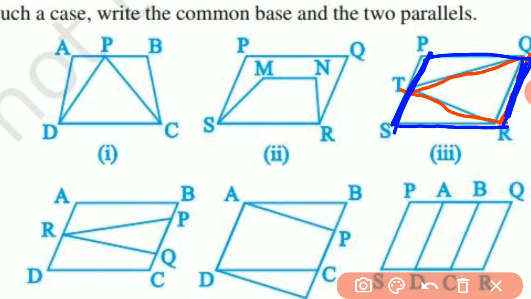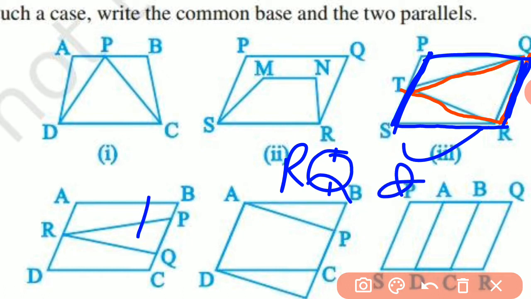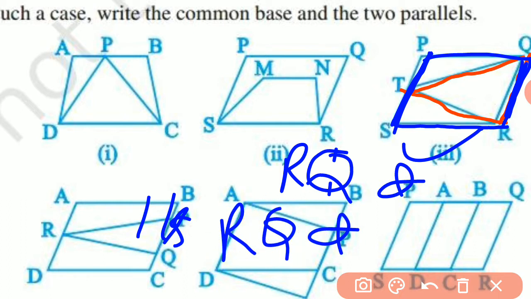So we can say that in this diagram the triangle TRQ and quadrilateral SRQP lie on the same base RQ and between the same parallels RQ and PS.